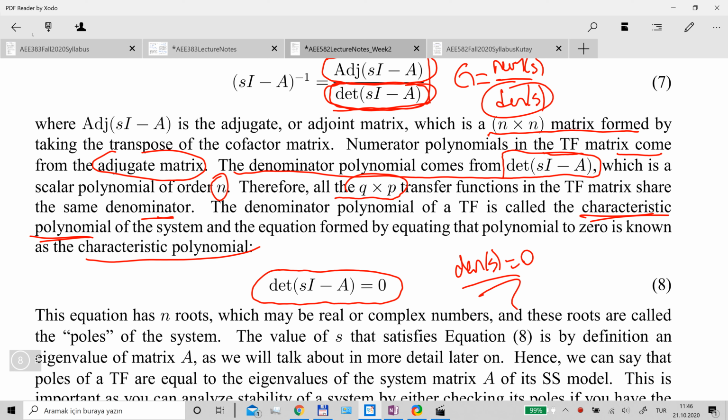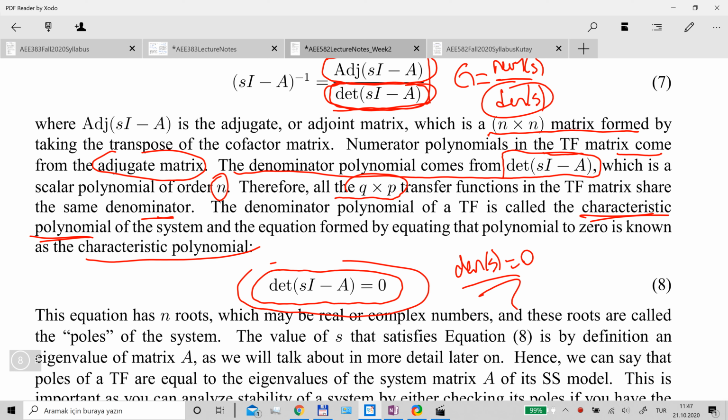These poles may be real numbers or complex numbers, depending on the coefficients of the polynomial. However, if there's a complex root, then the conjugate of that complex root will also be a root at the same time. This is because this polynomial has real coefficients.